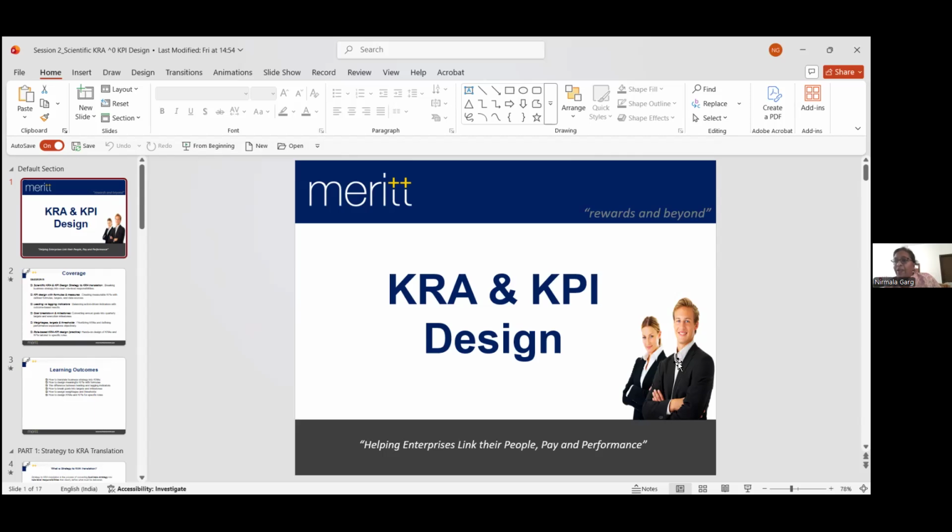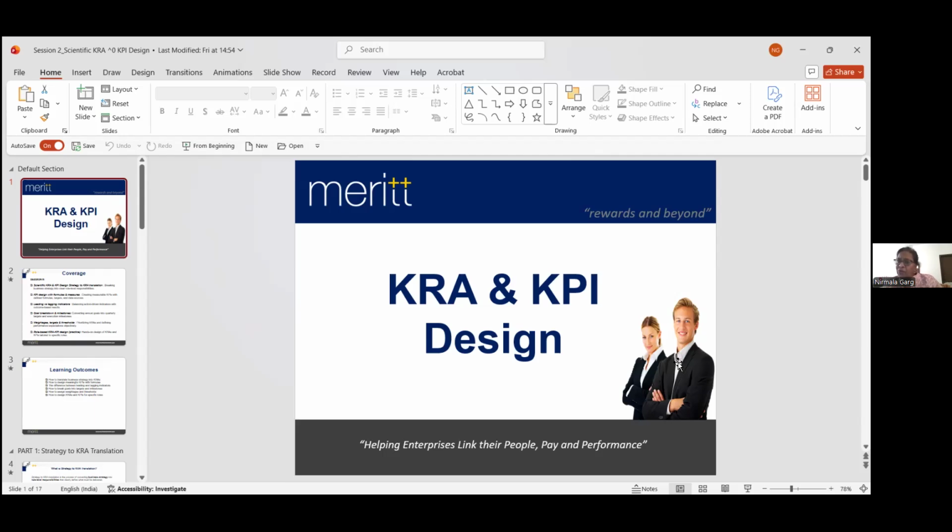Now, in this first stage, performance planning, the manager and his reportee sit together and understand the person's role. The manager has the job description, and broadly from it, he is going to discuss 4 to 5 KRAs.